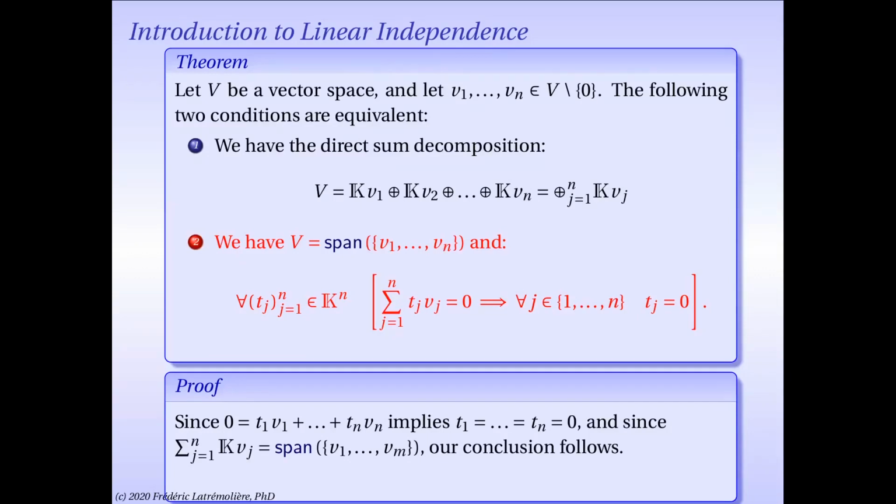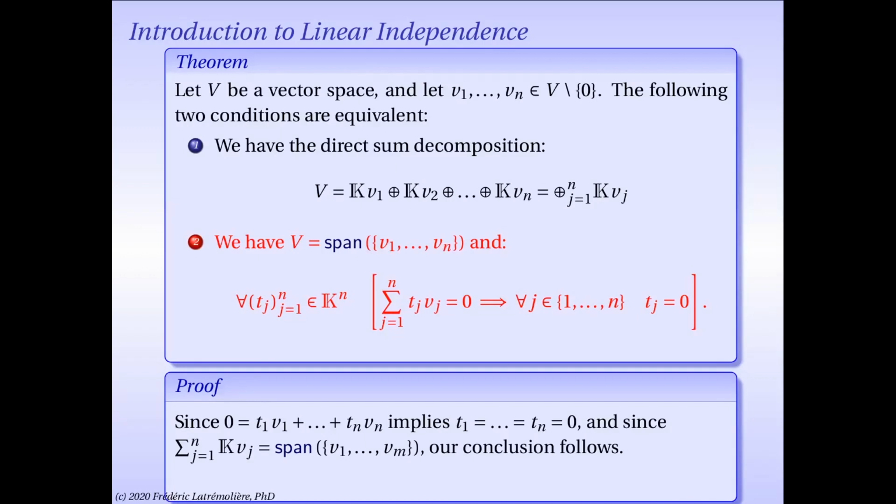But I know that if that ever happens, the condition in red tells me t1 equals etc. equals tn equals 0. So the only way I can write 0 as a sum of a vector from the span of v1, and then a vector from the span of v2, and then etc., and then a vector in the span of vn, is by actually choosing 0 in each of those spans. And that's exactly the condition that ensures that the sum is indeed a direct sum. And so 1 holds.